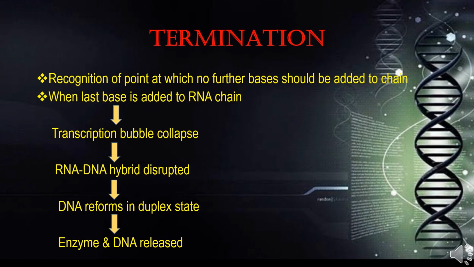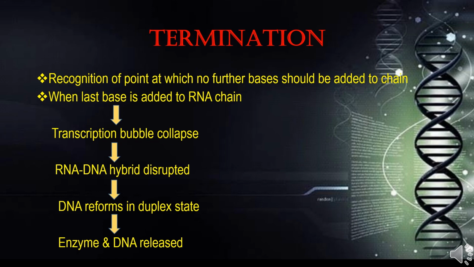Then the last stage of transcription, termination. Termination involves recognition of the point at which no further bases should be added to the chain. During elongation, the RNA chain length increases. When the RNA polymerase reaches the terminator sequence, the termination occurs.